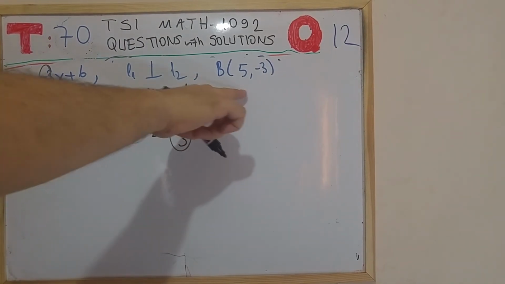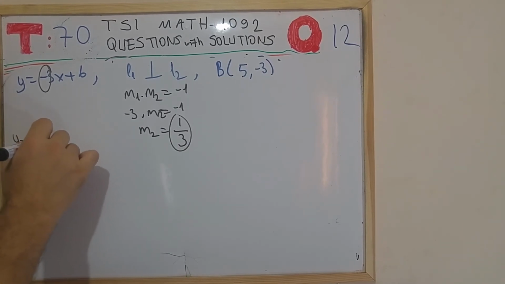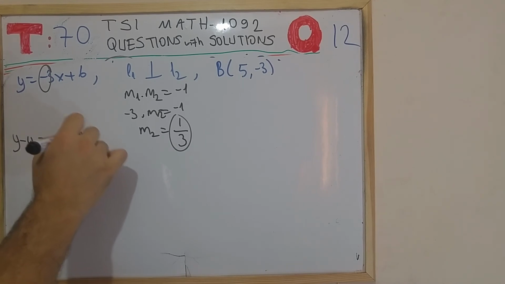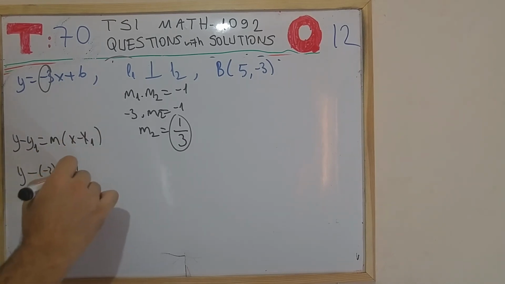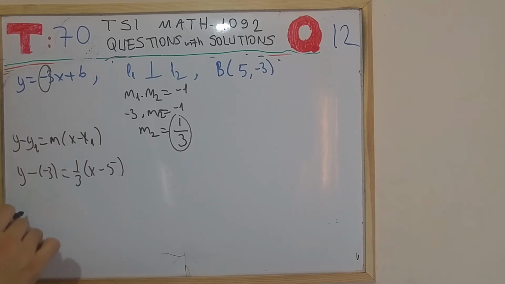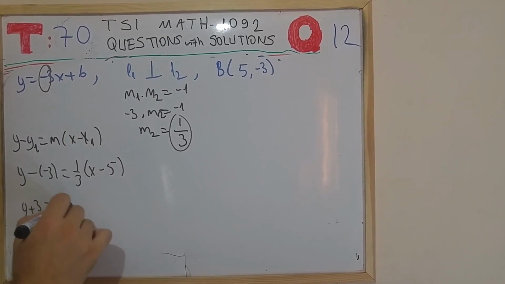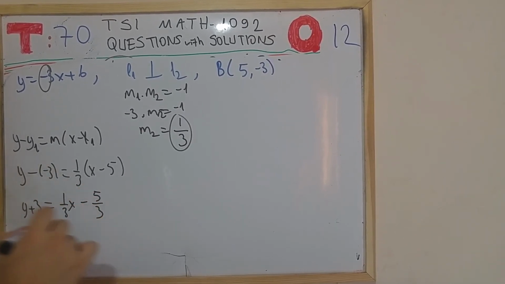Now, we know that one of the points is this, so we can say that y minus y1 is equal to slope times x minus x1. y minus minus 3 is equal to 1 over 3 times x minus 5. So y plus 3 is equal to 1 over 3x minus 5 over 3.